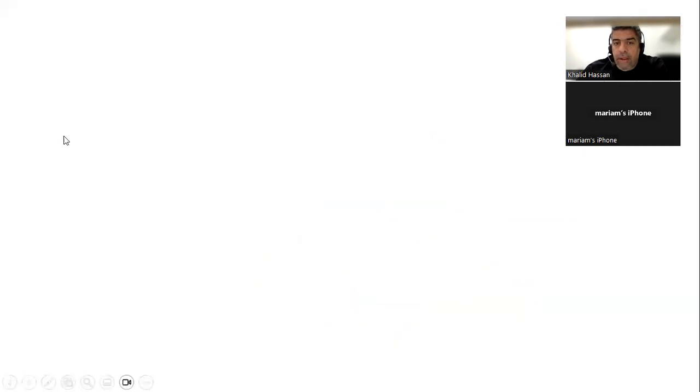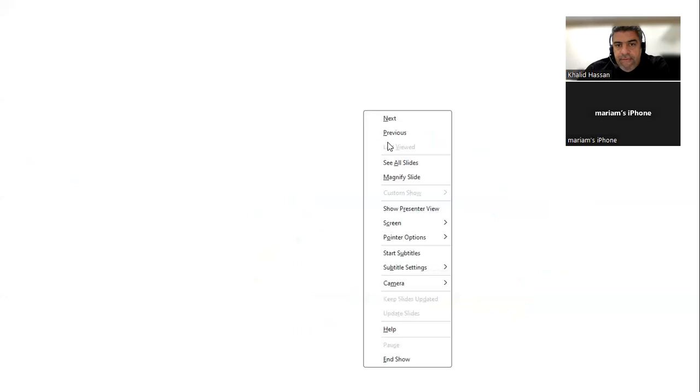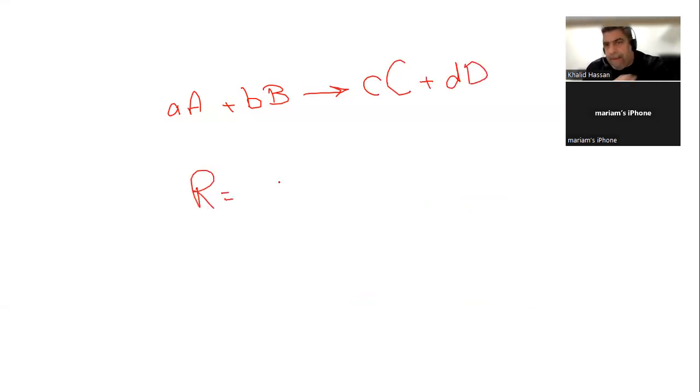Before the time finishes, let's measure the rate depending on each one. Bismillah. Two minutes left, I will finish. aA plus bB gives cC plus dD. The rate, R, I will measure depending on each component.